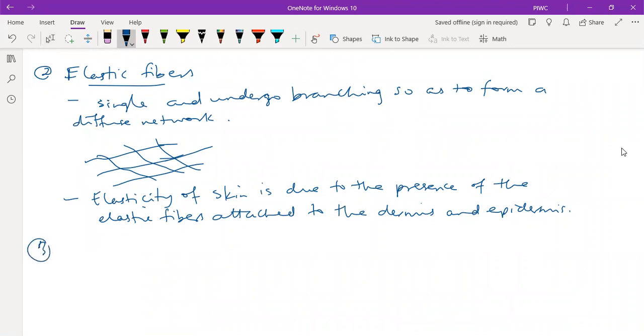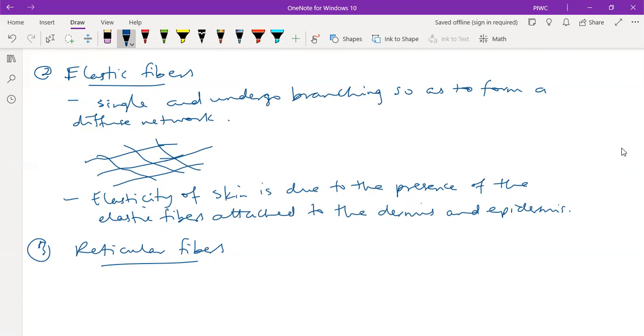Then the last type of fiber that we look at is the reticular fibers. The reticular fibers form a thin branching network, not well marked in the subcutaneous connective tissue, right?